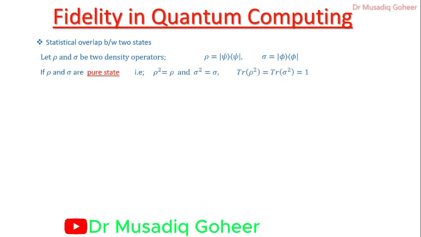There are two conditions to determine the fidelity between these two states. First of all, we have to determine whether they are pure or mixed. In the first step, if they are pure states, then they should satisfy these conditions: rho square must be equal to rho, sigma square must be equal to sigma, and their trace must be equal to 1.